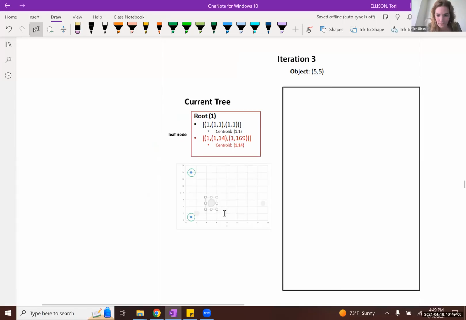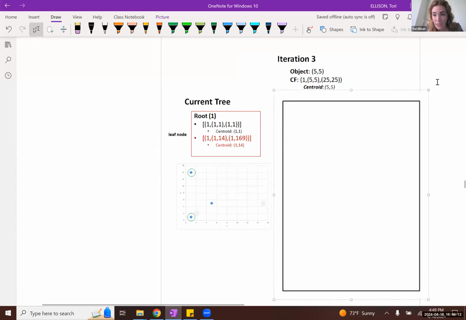Again, what we're going to do is we represent that incoming point as its own subcluster, which we can represent with a corresponding CF entry as follows. And that point has its own corresponding centroid of the point 5, 5.